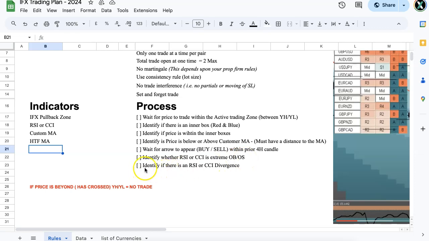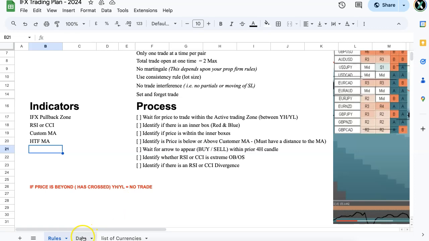RSI divergence or CCI divergence is really good. It is not necessary, but it is good to have in your strategy. Now if price has crossed either above yesterday's high or below yesterday's low, then we're not going to make an entry, especially if you're starting out.